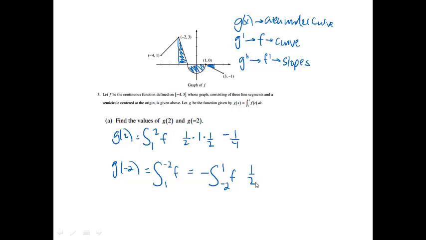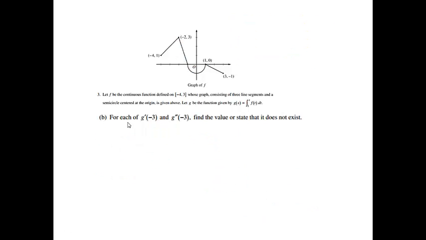The triangle is going to be 1/2 times the base, 1, times the height, 3, and then plus the area of the half circle, which is 1/2 pi times the radius squared, and the radius is 1, so it'll be times 1. This will be negative because that area is below the x-axis. If I work that out, I'm going to get 3/2 minus pi over 2. And that would have been worth 2 points, 1 point for g of 2 and 1 point for g of -2. All right, part B.